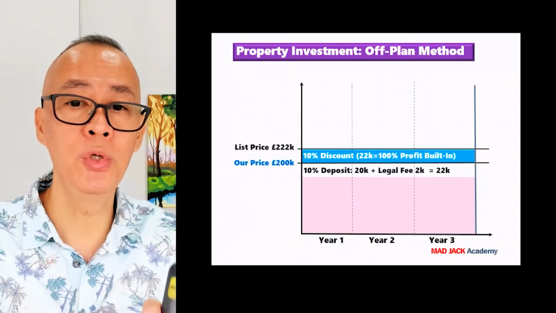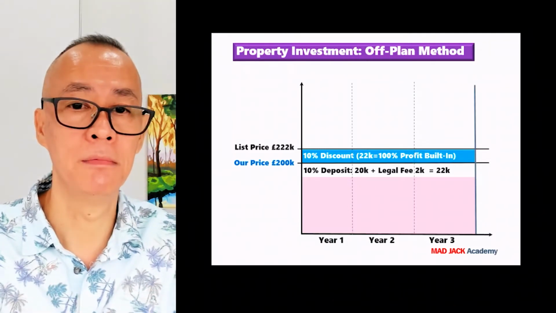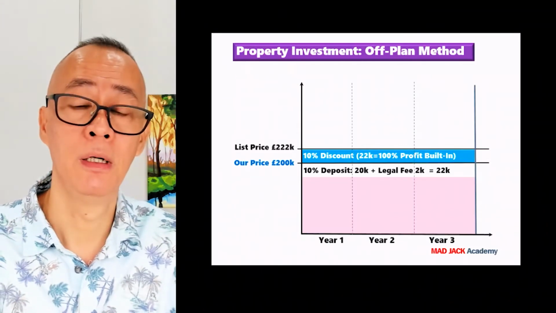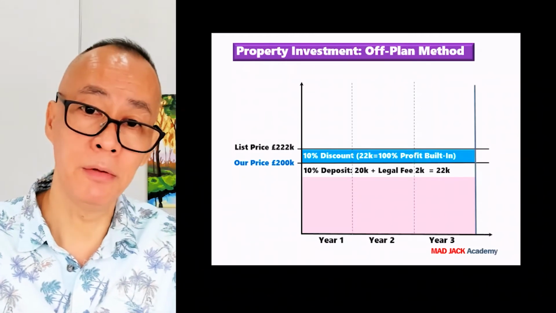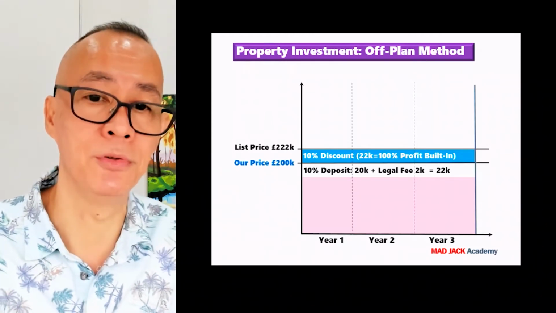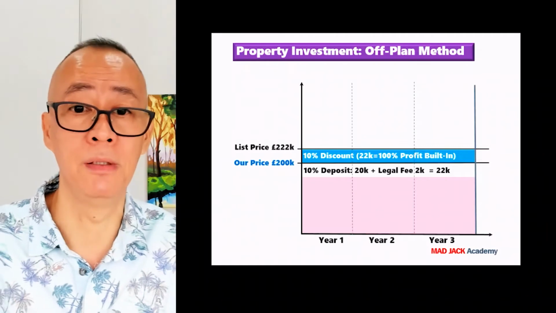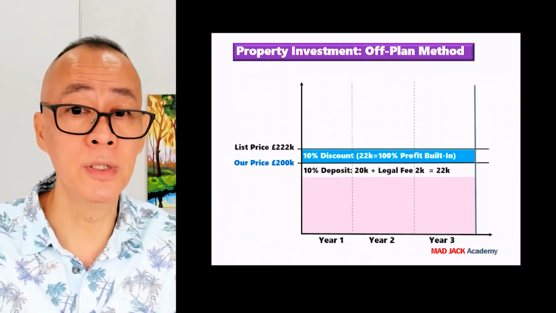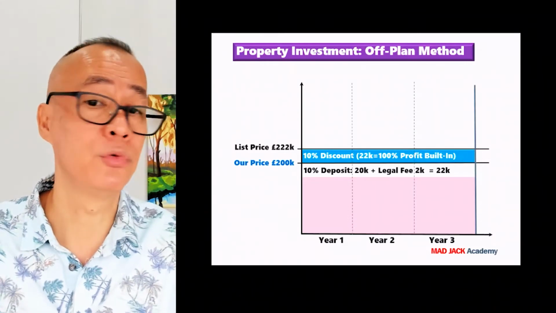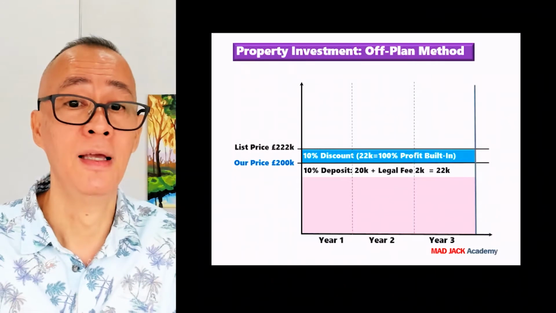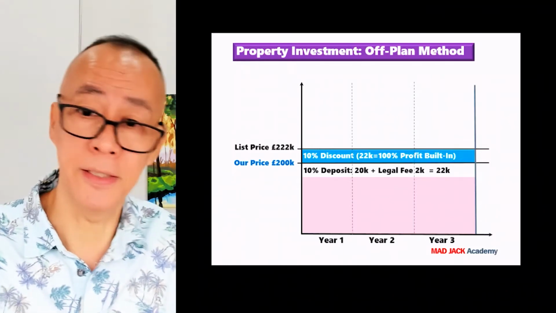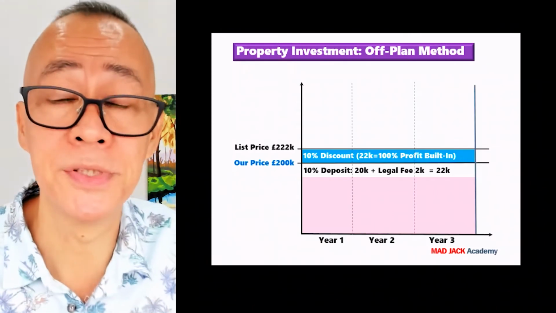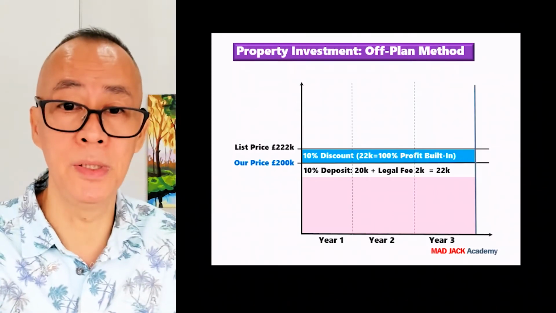In Singapore, when you sign the sales and purchase agreement, you're paying the stamp duty already, which is about 3 to 4%. And on top of that, we have the additional buyer stamp duty. It can be for a second property, third property, and can be very hefty. It can be 10%, 20%. As a foreigner, no need to say, 20%. So that is very hefty. In this case, nothing. Only legal fee, 2,000, and a 10% deposit. You control the property at 222,000.